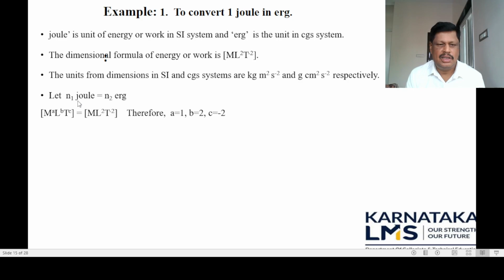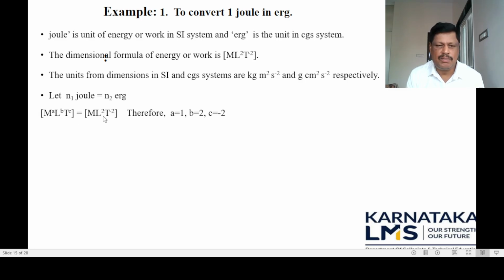Let 1 joule be equal to N2 erg. We have to obtain the relation between the joule and the erg from the SI and CGS systems. M to the power of A, L to the power of B, T to the power of C is the general dimensional formula.